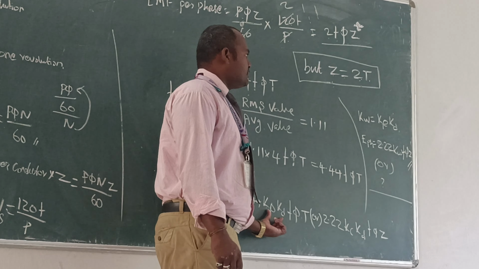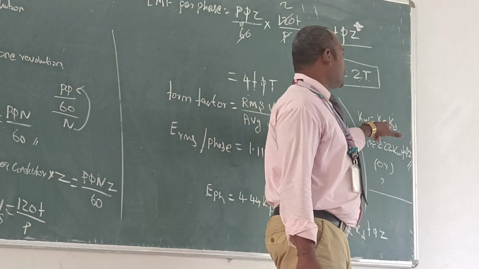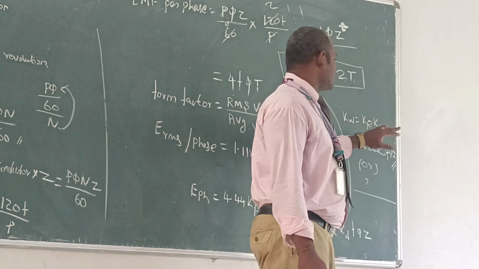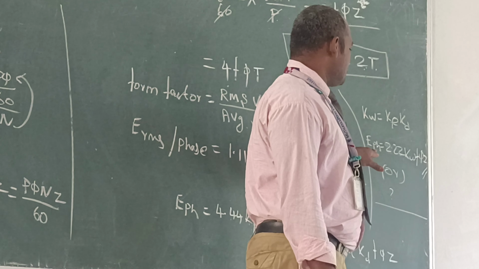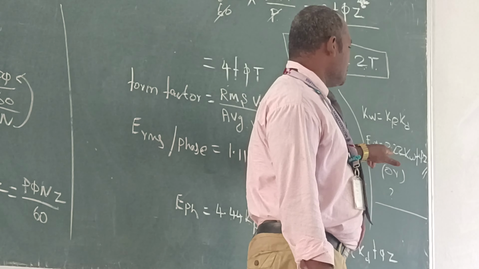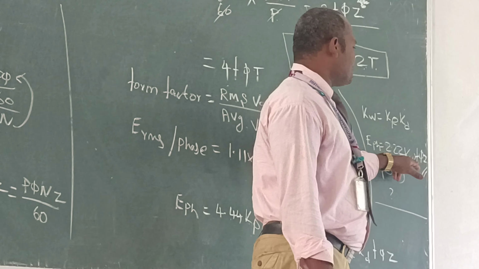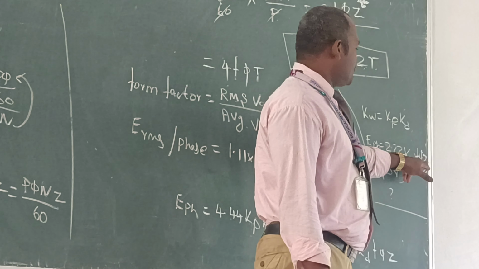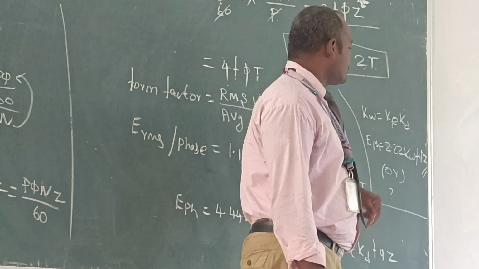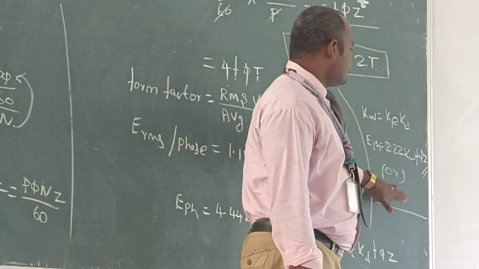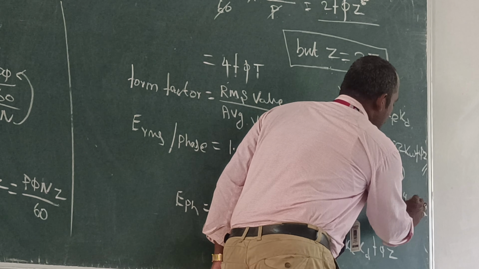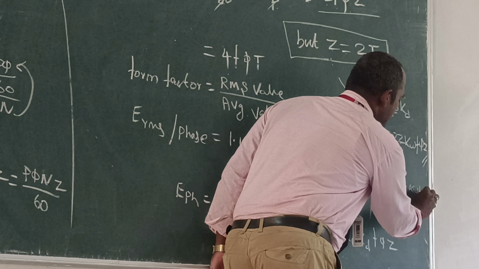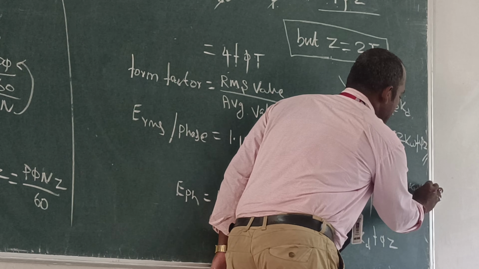The winding factor Kw is equal to the product of the pitch factor and the distribution factor, that you can replace here. So the EMF equation should be 2.22 Kw F pi Z. If you put Z here, 2.22 comes, or if you put T, it will be 4.44 Kw F pi T.